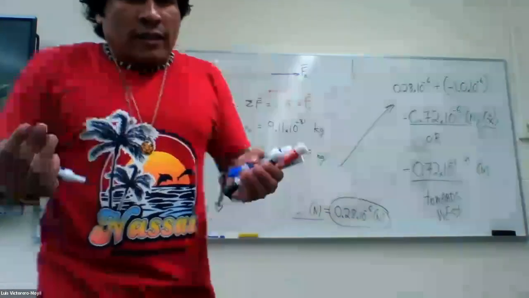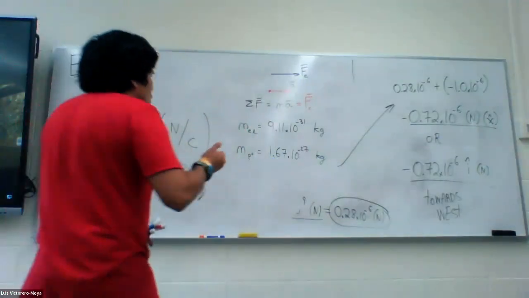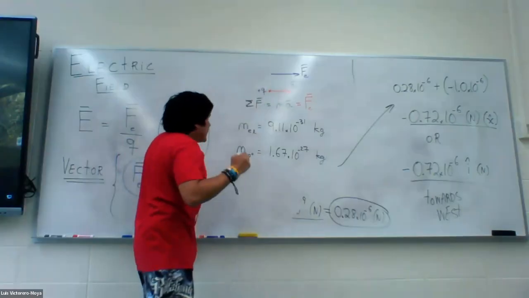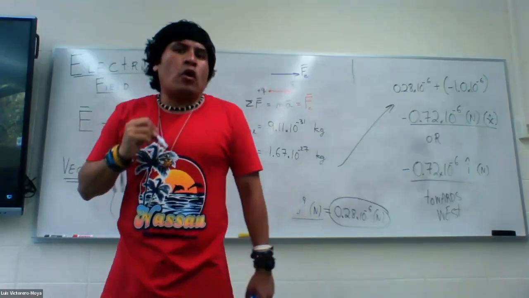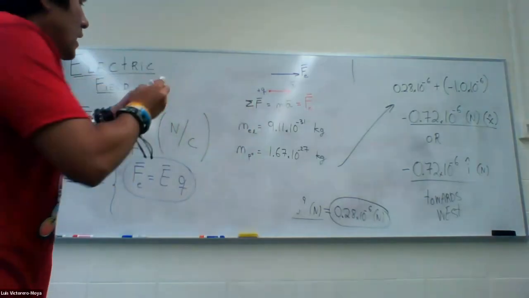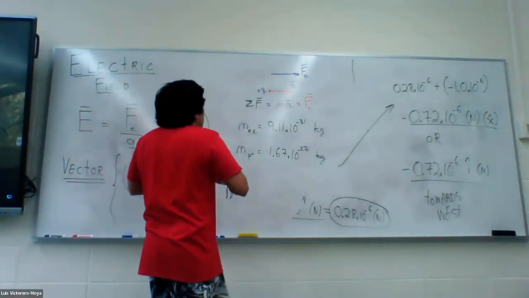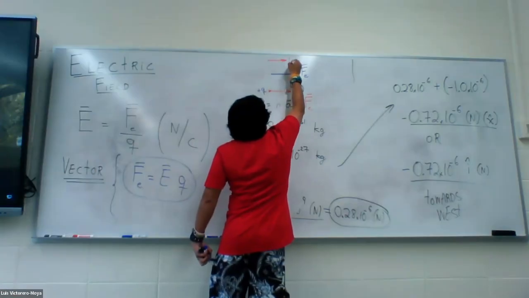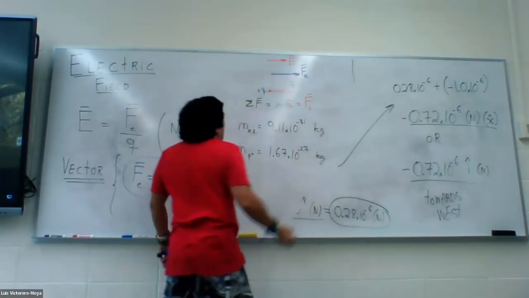This charge Q has to be positive. The test charge is always positive. So if we use that and that, then I can easily tell that the electric field is also going to the right. See what I mean?